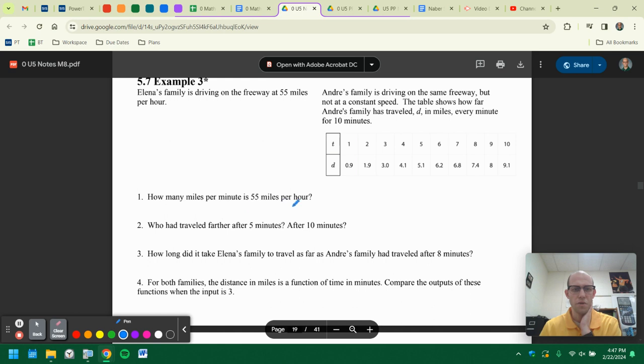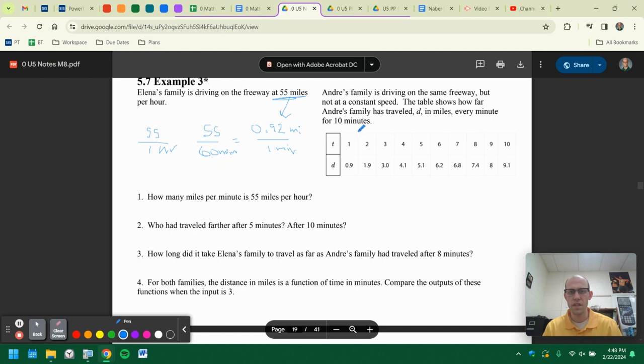Well, miles per minute, it's 55 divided by however many minutes are in an hour. So normally it's 55 miles per hour, 1 hour, but now it's 55 per 60 minutes. And that equals 0.92 miles per minute. And that's what Elena is traveling at a constant speed.